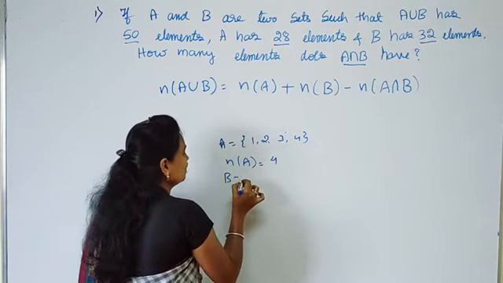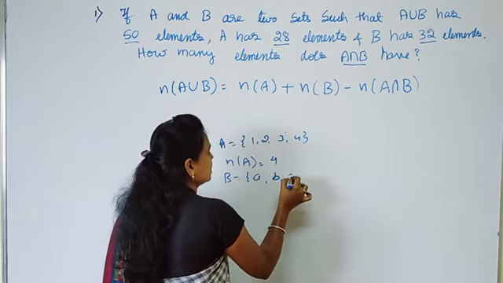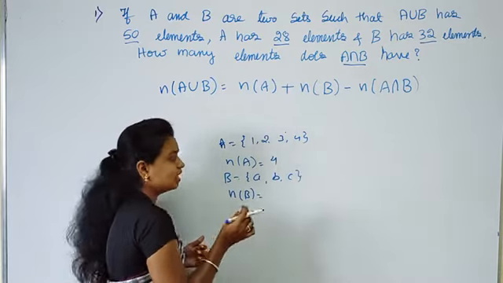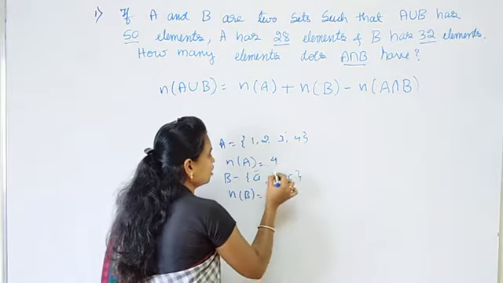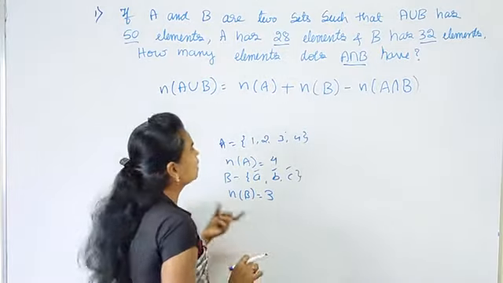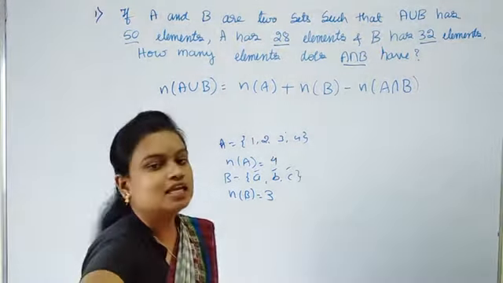Or if B is the set {a, b, c}, n of B is 3. Like this.